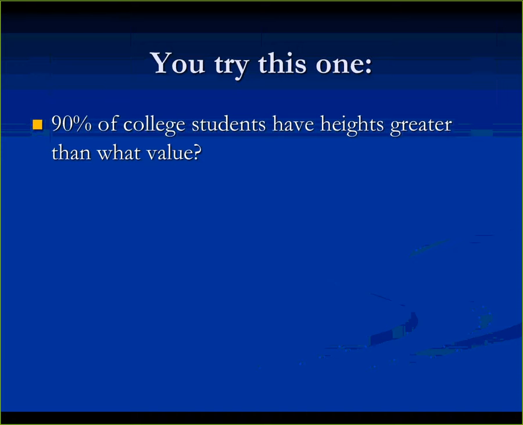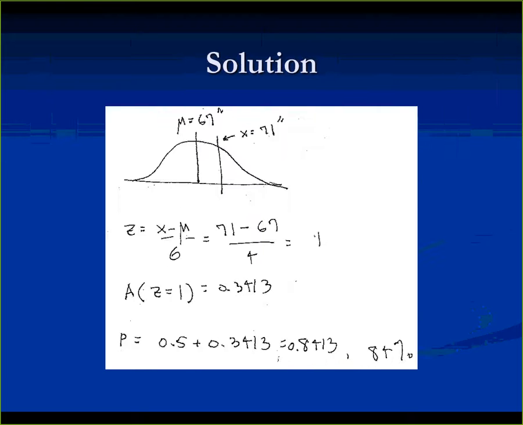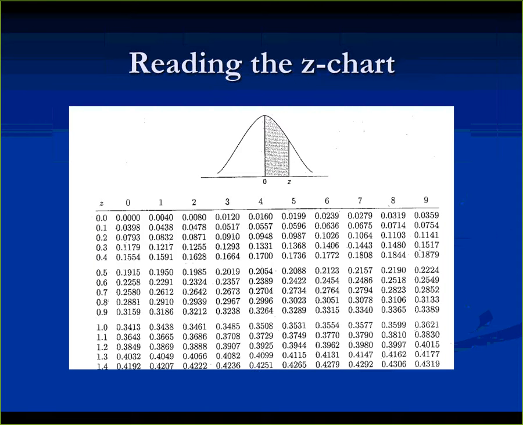So once again, you're going to need to use your normal distribution with an area given to back out a z value. So we can go back to that again.